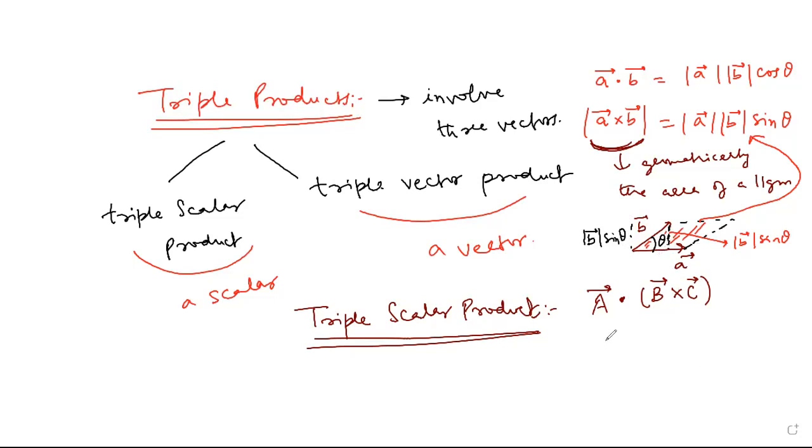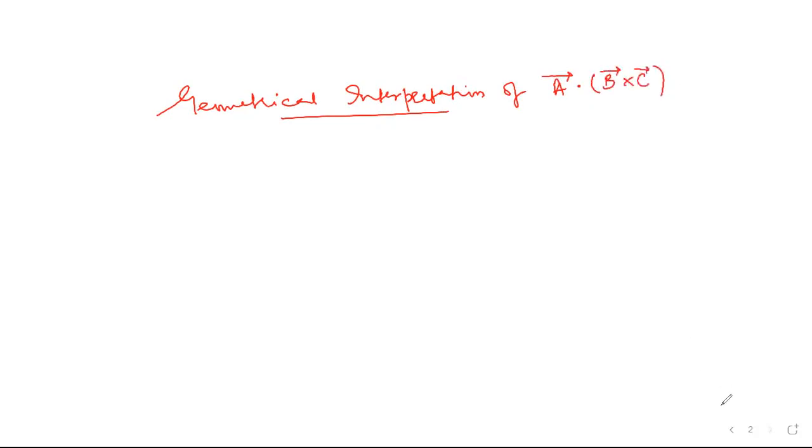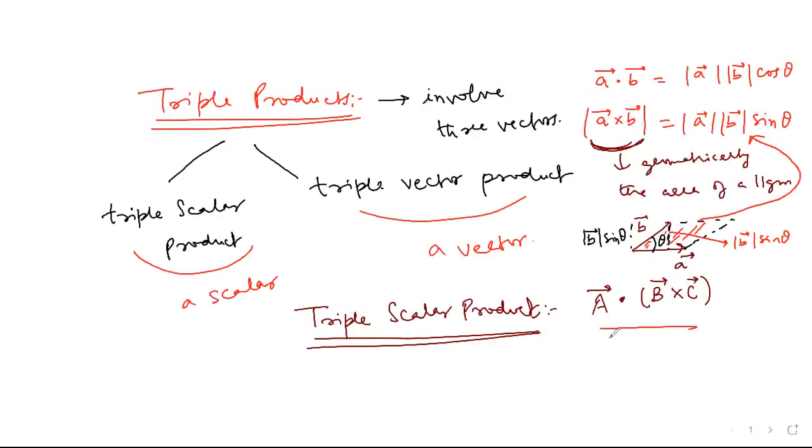So let us move now to the triple scalar product which we have constructed. We will give its geometrical interpretation, the geometrical interpretation of A dot B cross C, that means this triple scalar product.